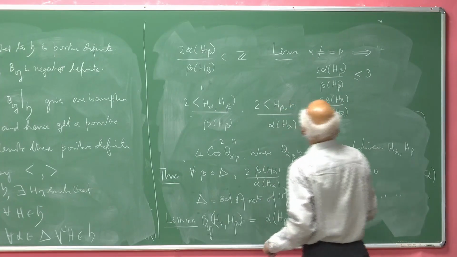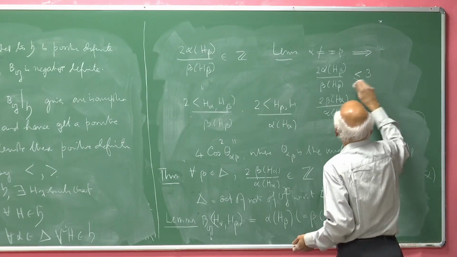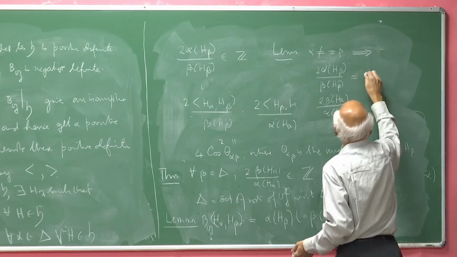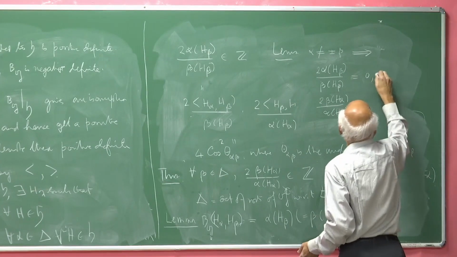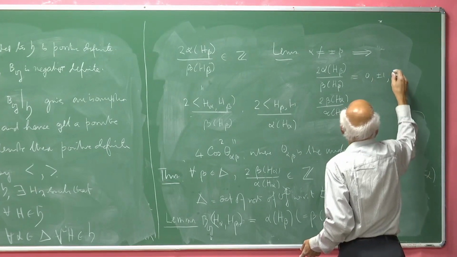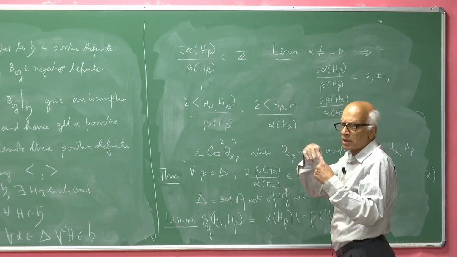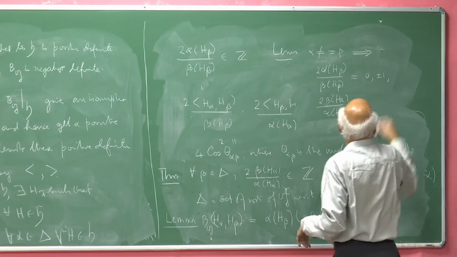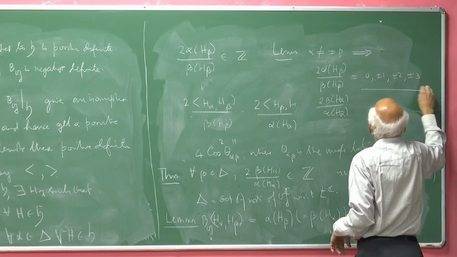So the only possibilities are these are equal to this, otherwise they are equal to plus or minus 1, and 0 is a possibility as well. 0 is the situation when the two vectors are at right angles to each other. These are the only possibilities.